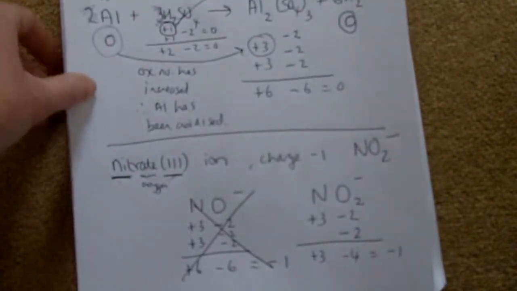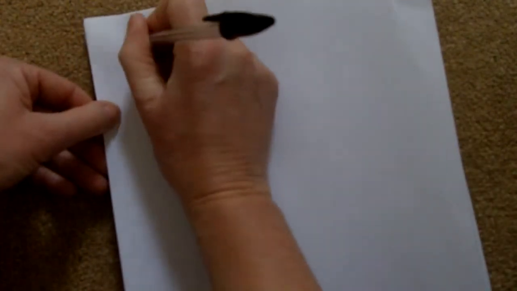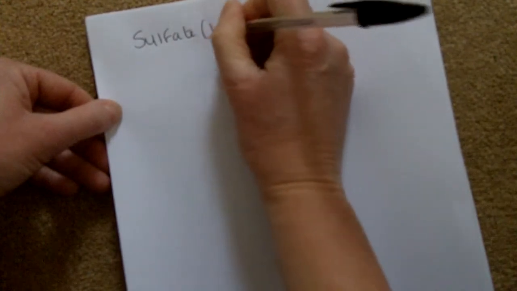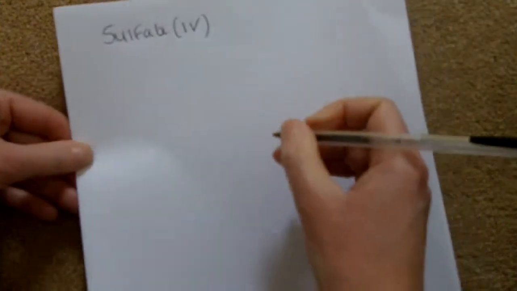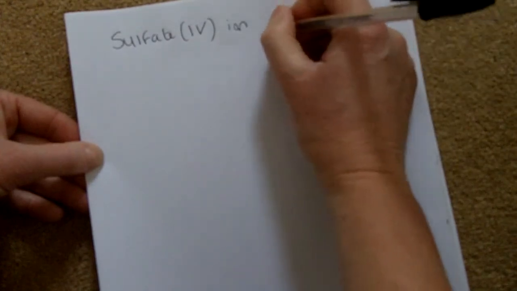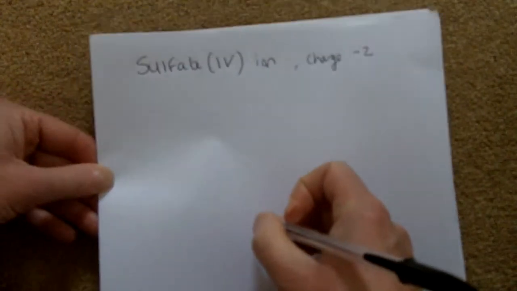Let's try another example. Sulfate(IV) ion, and it has a charge of -2, and you've got to come up with the formula.